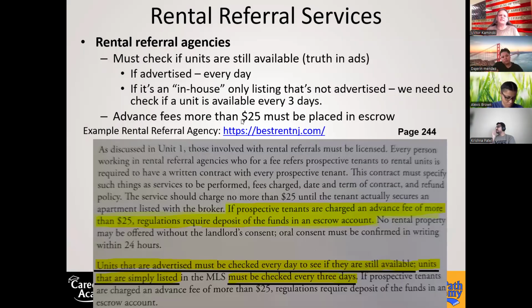Any advance fees more than $25 we need to place in an escrow account from a tenant or prospective tenant. So let's highlight, if prospective tenants are charged advance fees of more than $25, regulations require depositing those funds into an escrow account. And units that are advertised must be checked every day to see if they're still available. And units that are simply listed must be checked every 3 days.